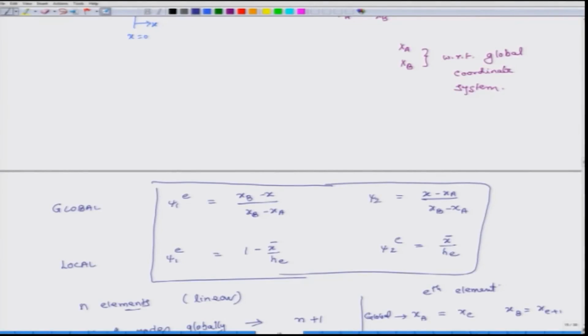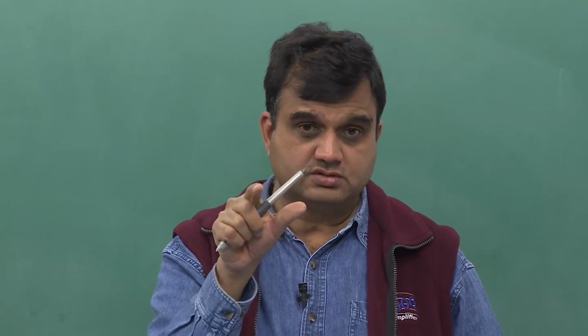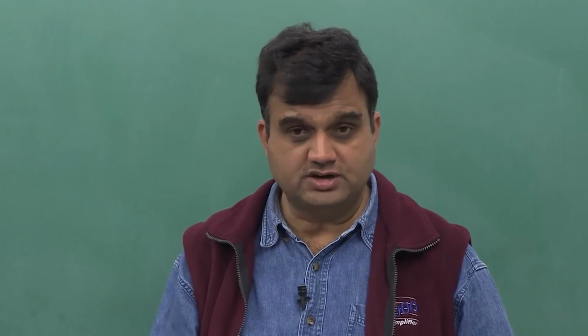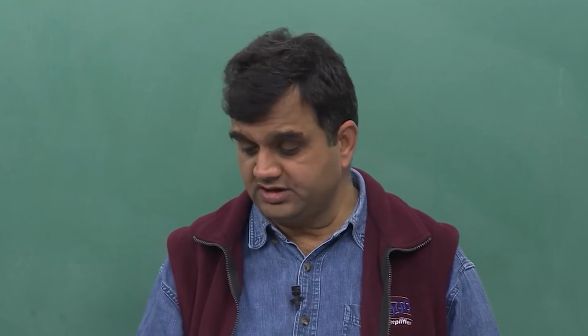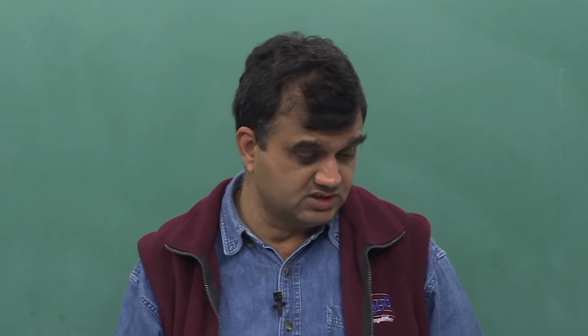So, such functions, first thing is that these are known as interpolation functions. In general, we have been using the term approximation functions. Here we use these functions to interpolate the value of displacement between two nodes. We can use the term approximation function, but in the context of FEA at element level they are more popularly known as interpolation functions.